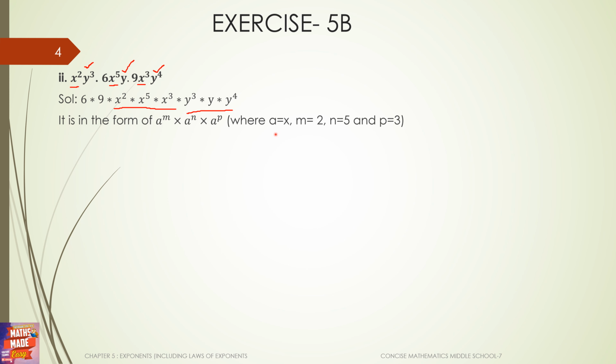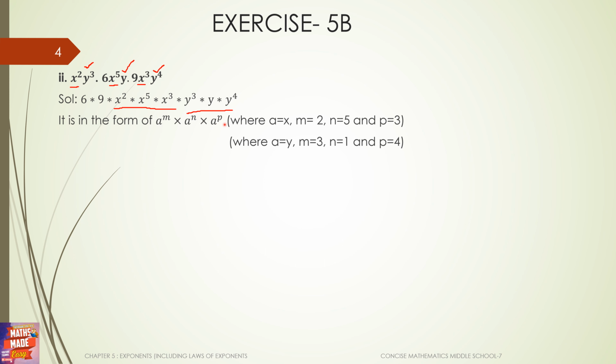Where a is equal to x, m is equal to 2, n is equal to 5, and p is equal to 3. Similarly, compare the same formula. Then you will get a is equal to y, m is equal to 3, n is equal to 1, and p is equal to 4.